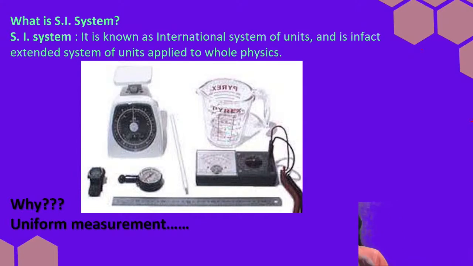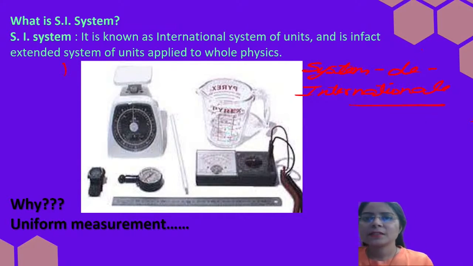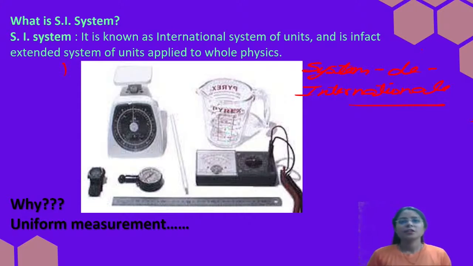SI stands for Système International, in English notation the International System of Units, an extended system of units applied to the whole of physics. This system is applicable for the whole physics. All over the world, this type of calculation is preferred.